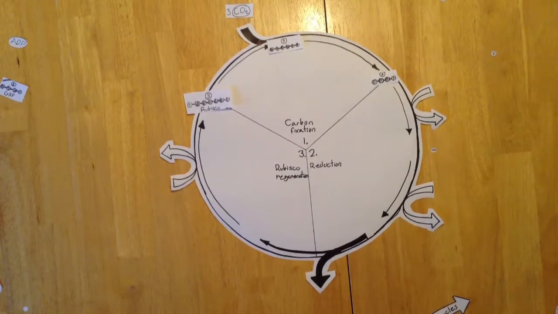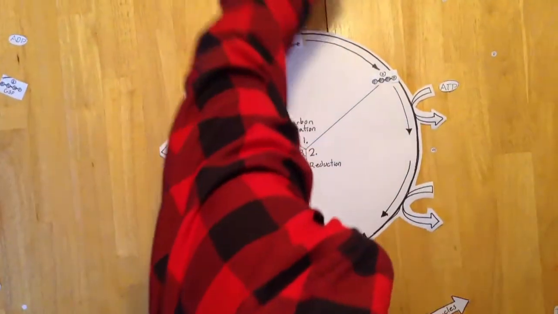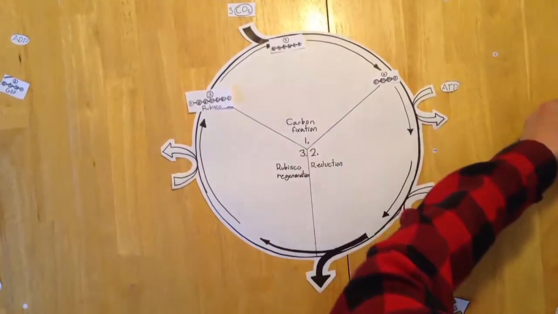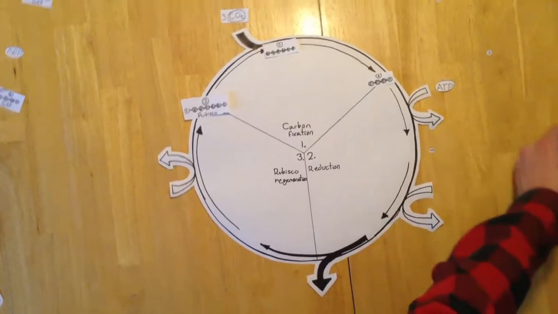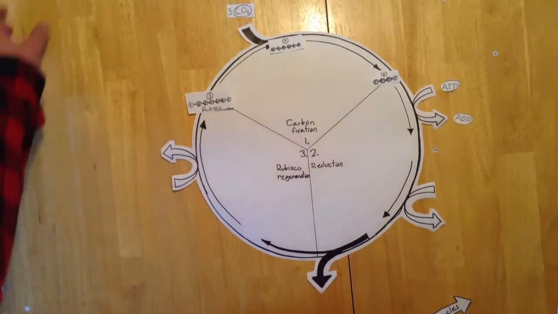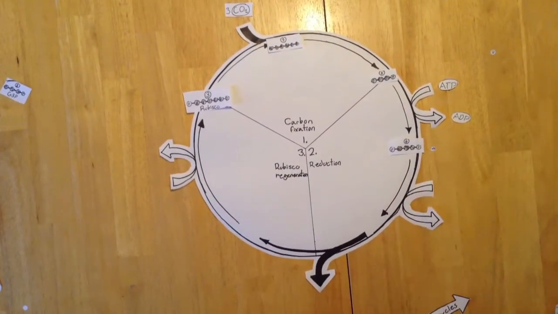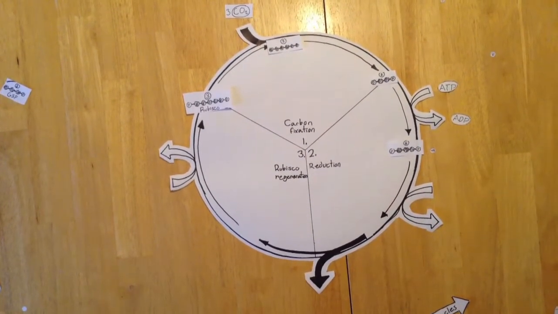They can't really be used for anything at this point, so energy from ATP, which turns into ADP, is used to rearrange it to make a slightly different 3-carbon molecule. Again, there's 6 of them.